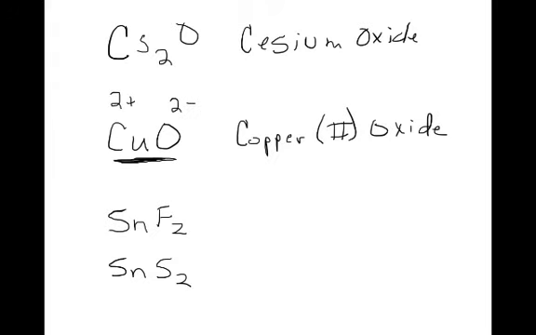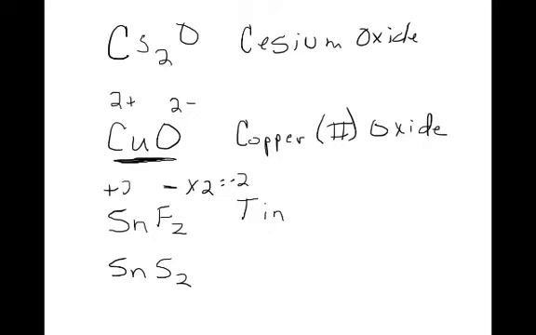The next one, we have tin, or SnF2. Tin is Sn. Once again, it's a transition metal, so we need to figure out what its Roman numeral is going to be. In this one, each F is minus, but there's two of them, so we take that times 2, and therefore we have a -2.